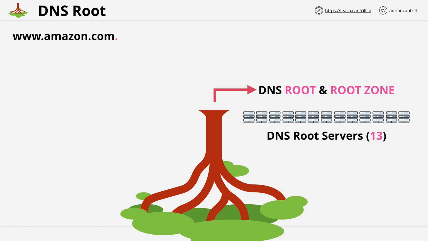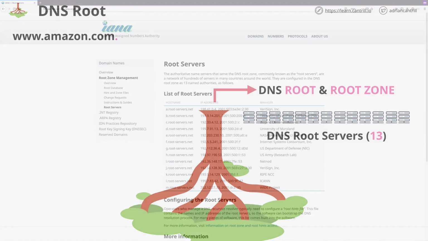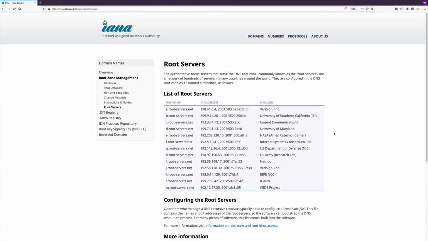It's really important to understand at this stage that these organizations only manage the root servers themselves, not the root zone database. Now, these aren't really 13 servers. Each root server can be a cluster of servers distributed globally, but it's represented by one entity, each of which has a letter from A to M, and each of these is managed by a different organization, with the exception of VeriSign, who manages 2 of these servers.